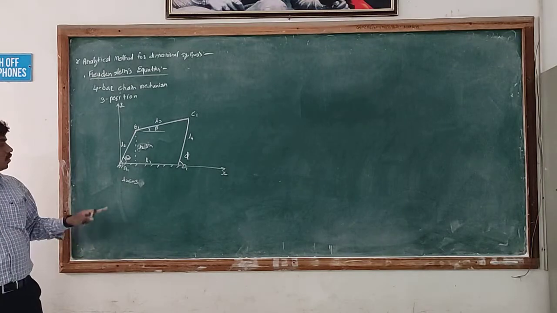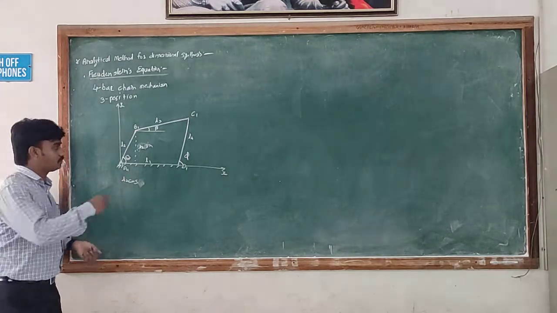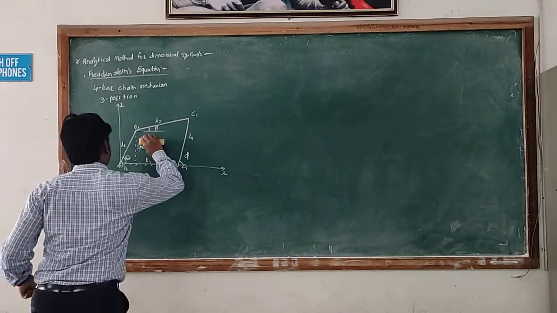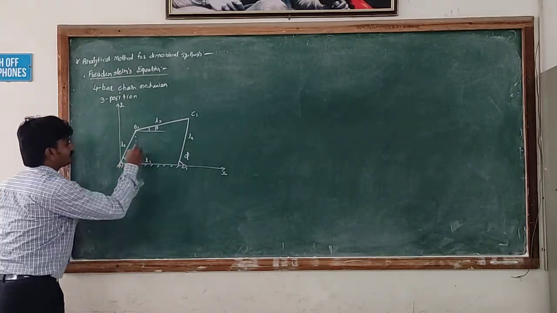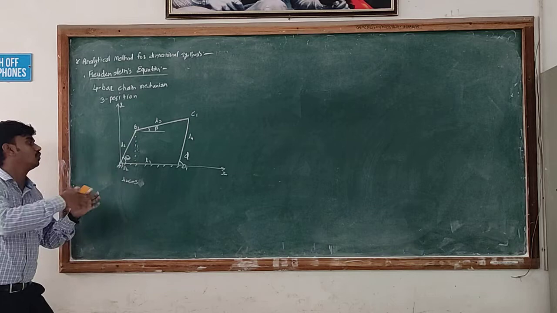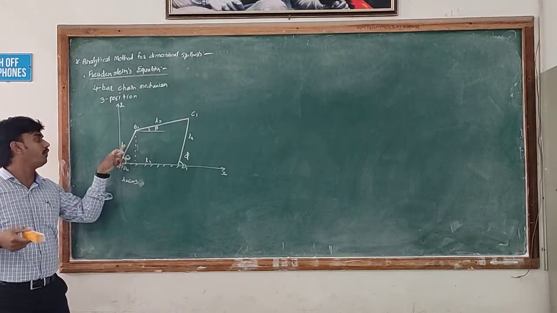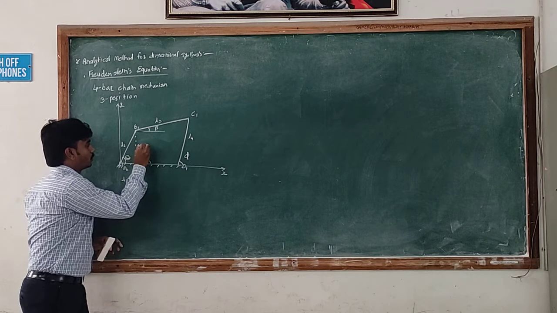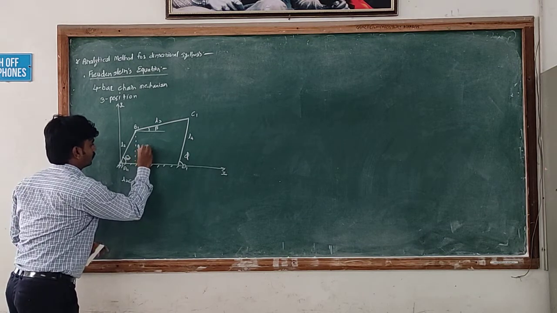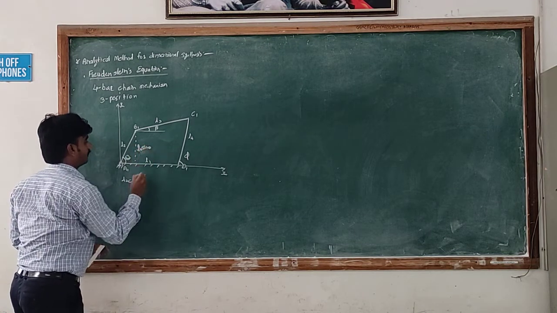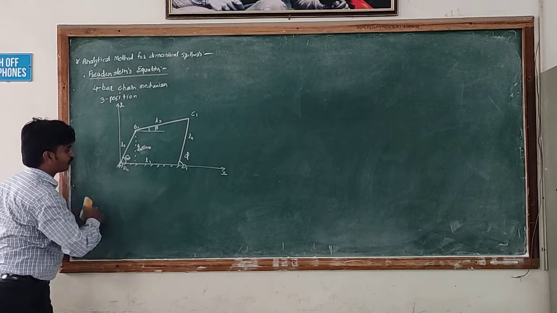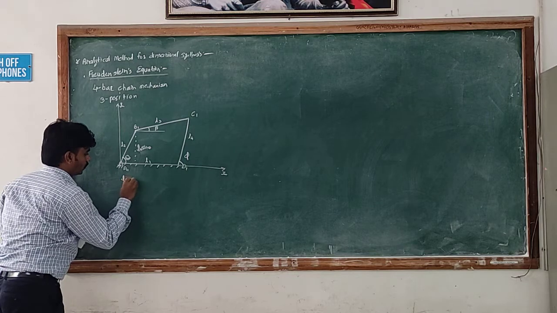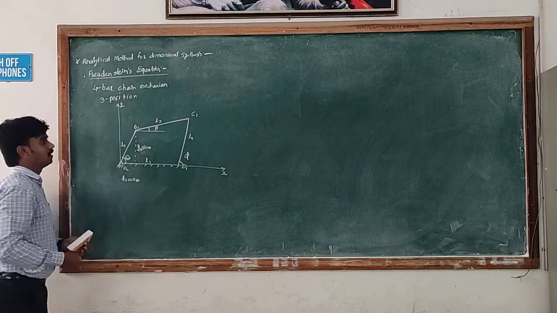Here the vertical component of L2 is equal to L2 into sine of theta, and the horizontal component of L2 is L2 into cos of theta.